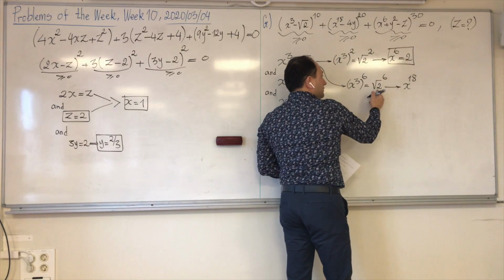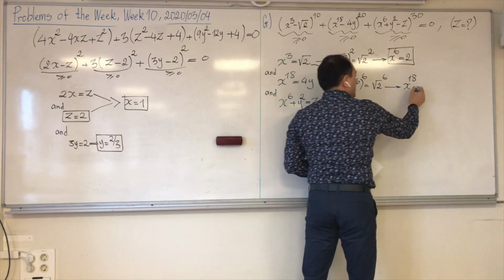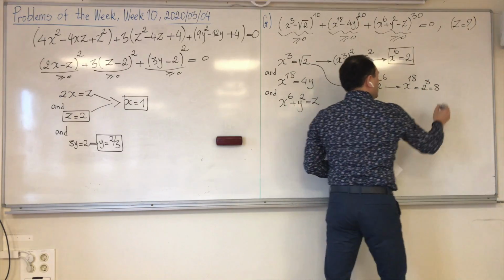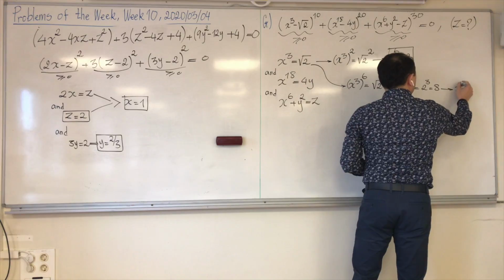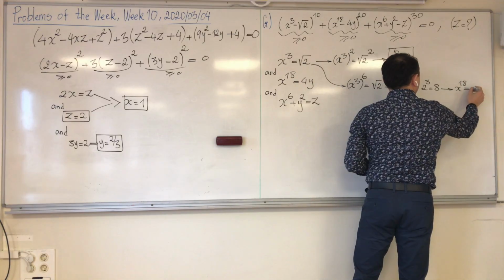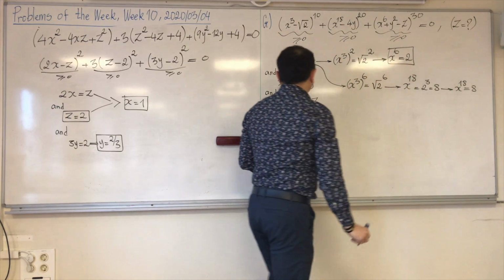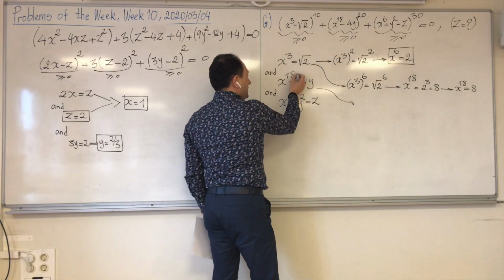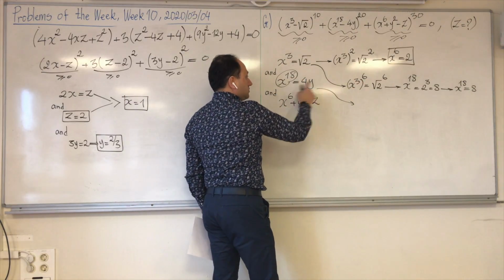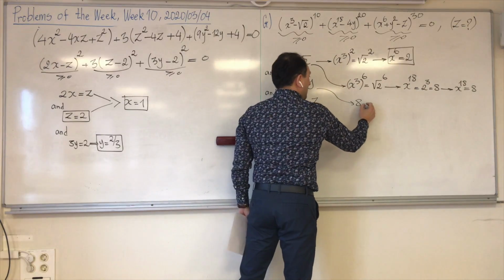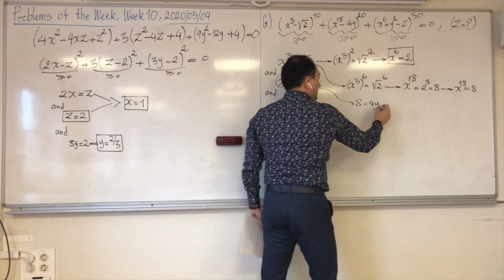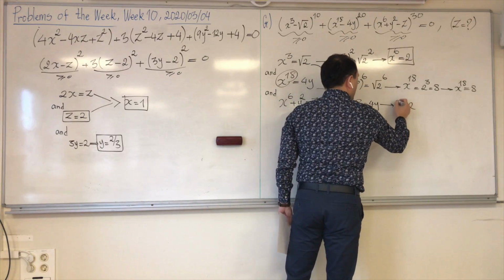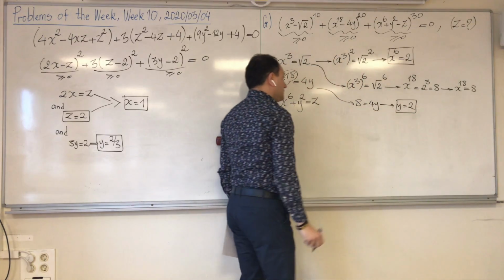But the square root of 2 to the power of 6 is 2 to the power of 3, which is 8. So this means that x to the 18 is 8. Okay? So now I can use it here. x to the 18 is 8, so I put 8 here. It becomes 8 equals 4y. Then by dividing by 4, I realize that y is 2. Now everything is in order.